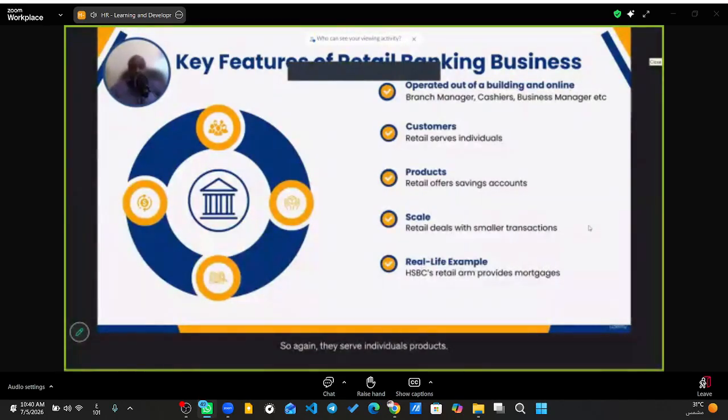So again, they serve individuals. Products: retail offers savings accounts and current accounts. We'll look at some of those products and services in subsequent chapters, where we look at the various types of products provided through your retail banking business or retail banking branch of financial services.